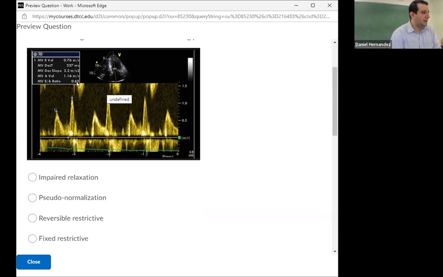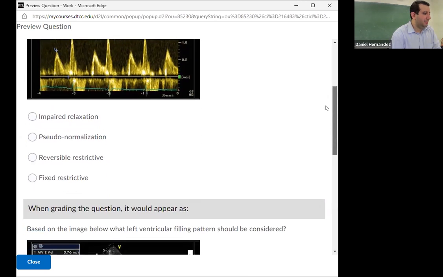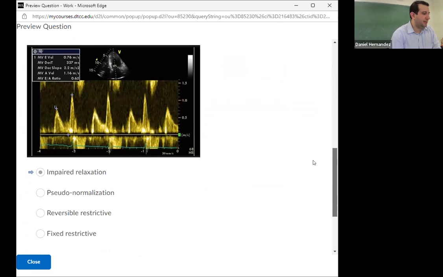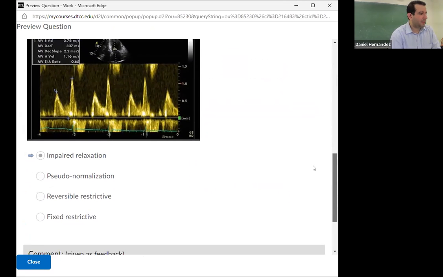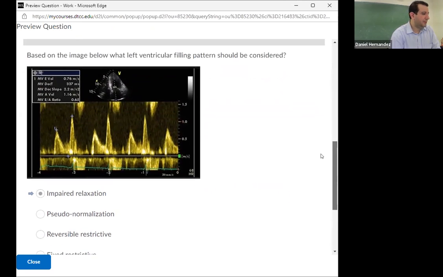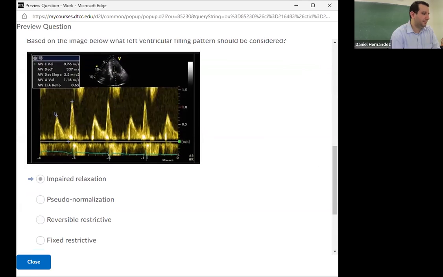We have an E to A ratio of 0.65. So this is an example of impaired relaxation. This is a first degree diastolic dysfunction this patient has. This is an example of impaired relaxation.